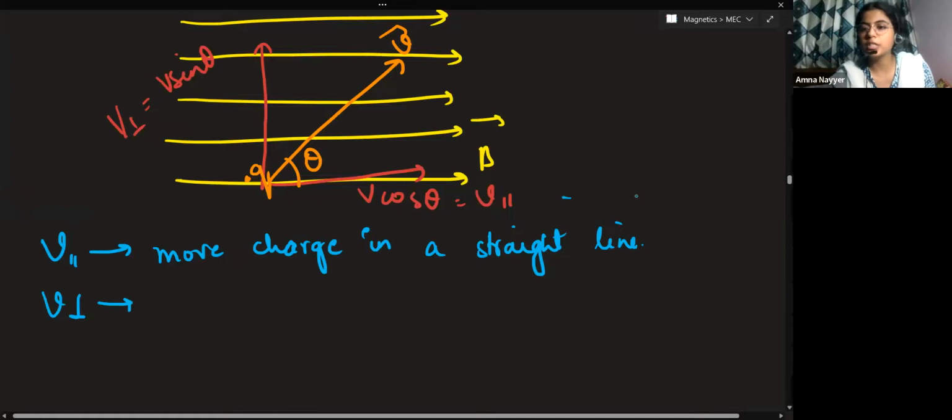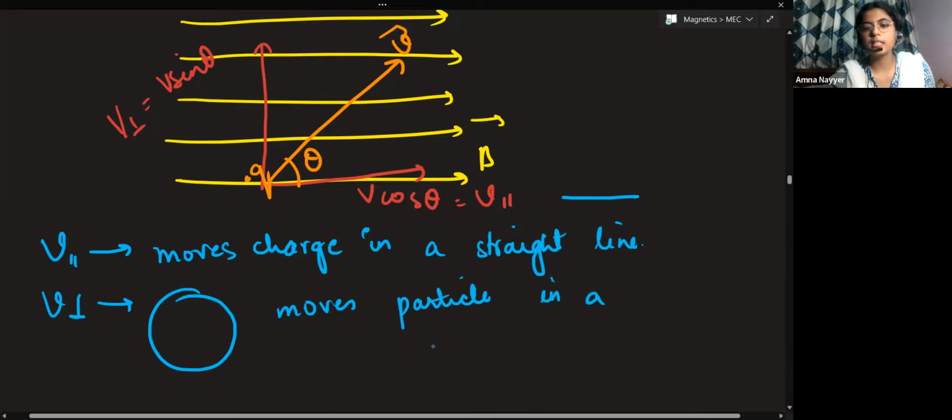This kind of motion will be provided by V perpendicular. What is this motion? Circular motion. So this moves the particle in a circle.